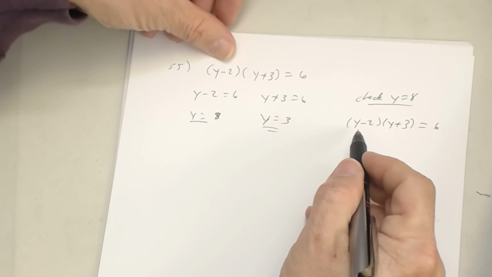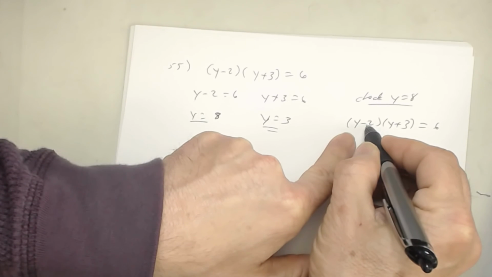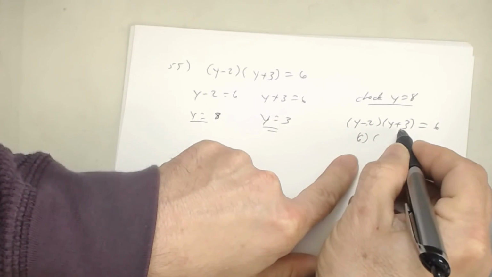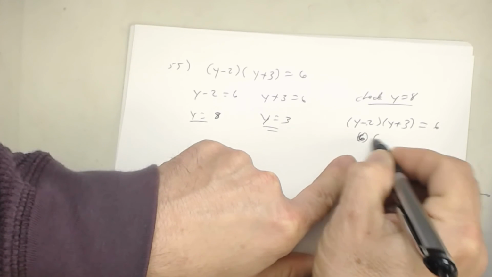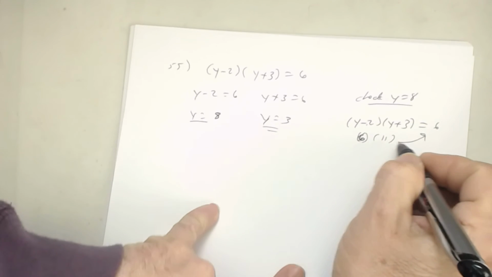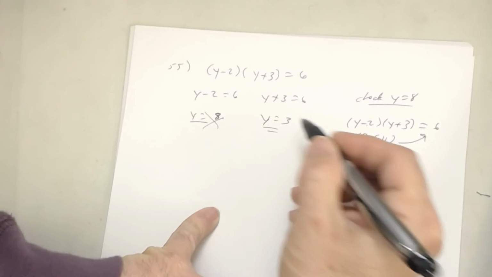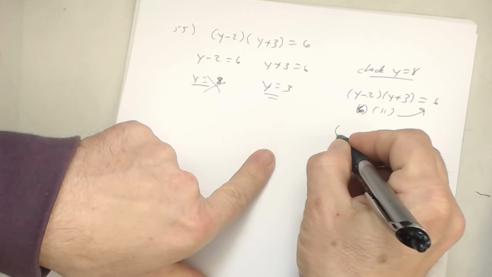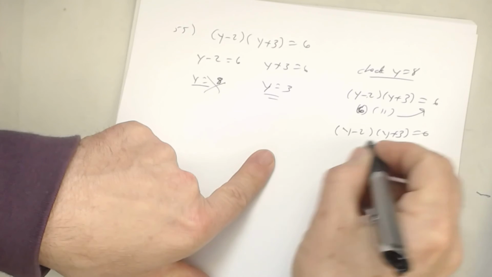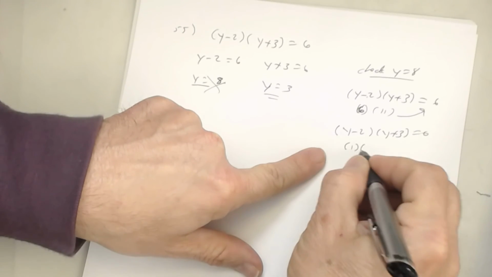Wherever we see a y, what do I plug in? 8. What's 8 minus 2? 6. What's 8 plus 3? 11. Is 6 times 11 equal to 6? No. So 8 is not a solution. Let's try 3. What's 3 minus 2? 1.